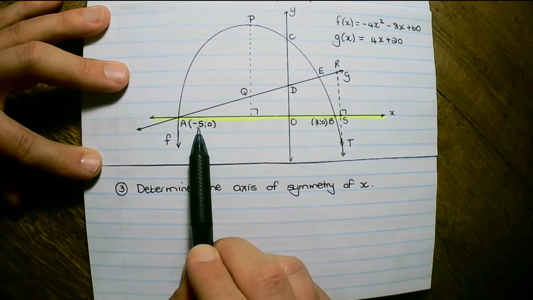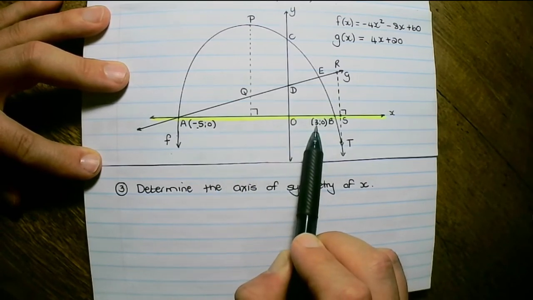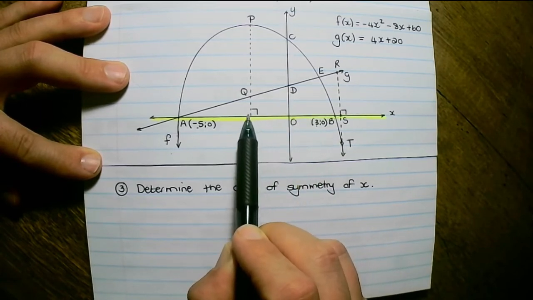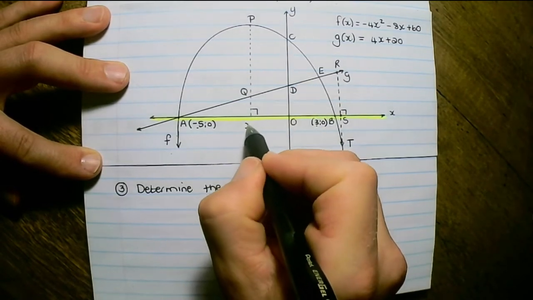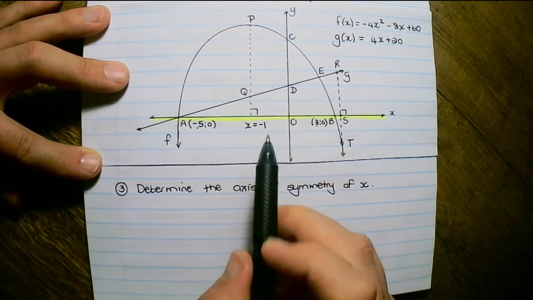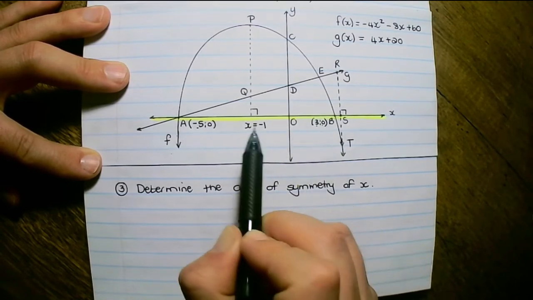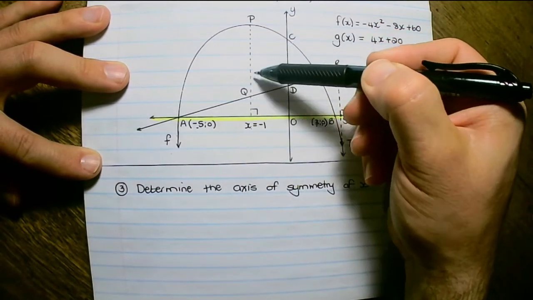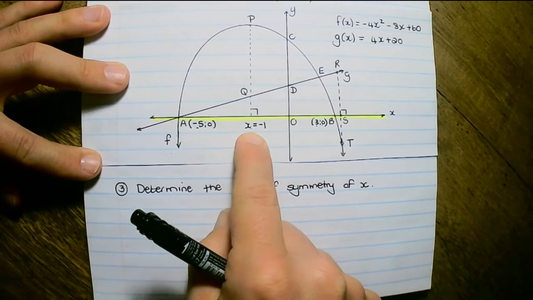So it will be -5 plus 3, which is -2, divided by 2. So this value is -1. And you would see if I place x equal to -1 in here, it is 4 units away from 3 and 4 units away from -5. So this is the axis of symmetry. That's how you do it by inspection.